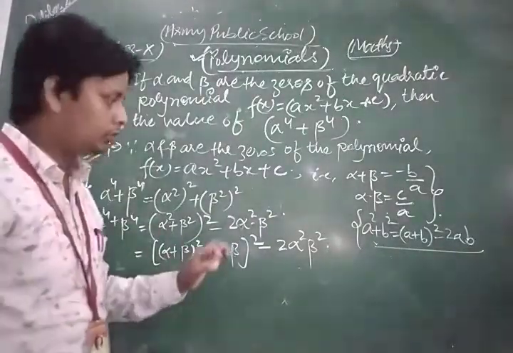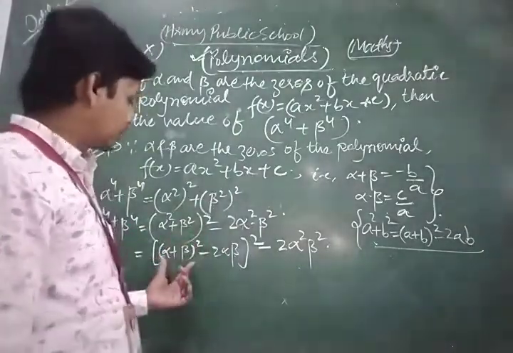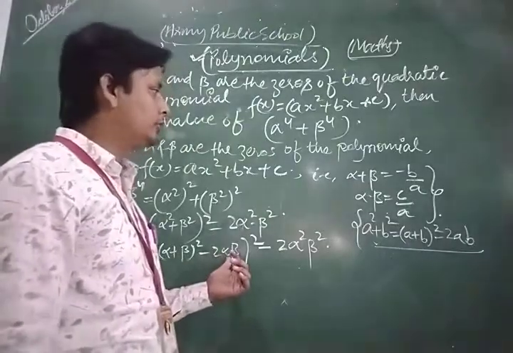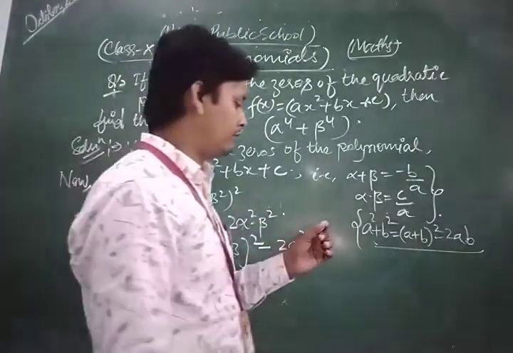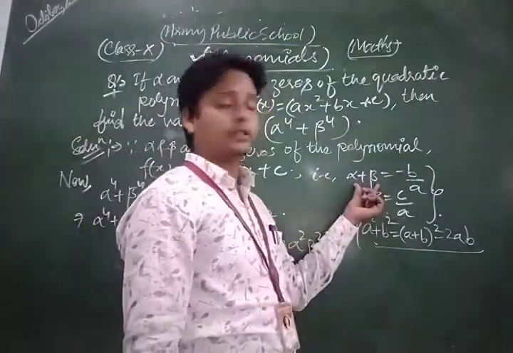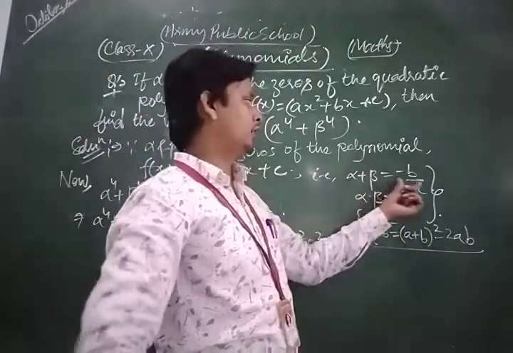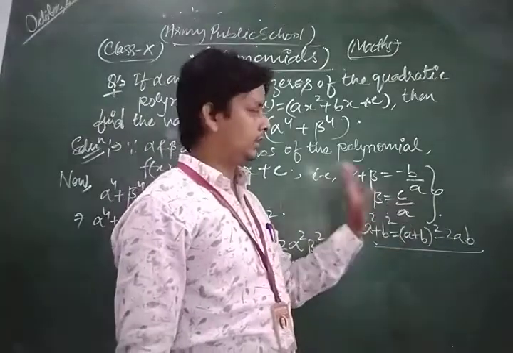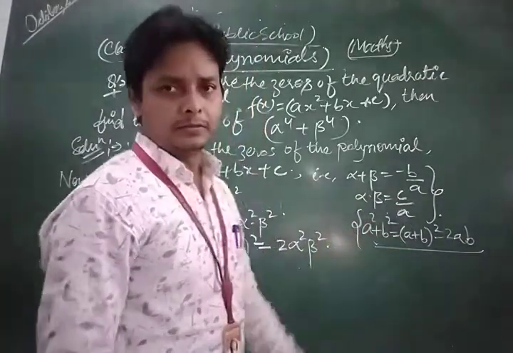Now, dear students, we put the values. We have the value of alpha plus beta and alpha into beta: alpha plus beta is minus b by a, and alpha into beta is c by a.